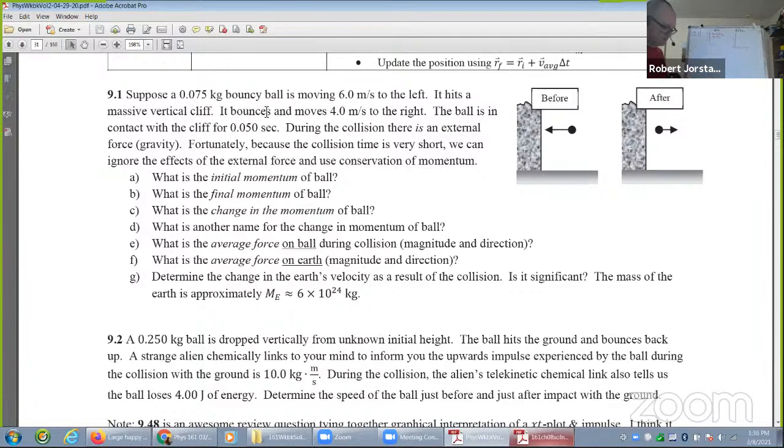And then afterwards, it's going the other way at 4.0. And then we have some parameters here. We're told the mass is 0.075 kilograms. So it looks like we're doing 2 sig figs for this whole problem. That's fine.